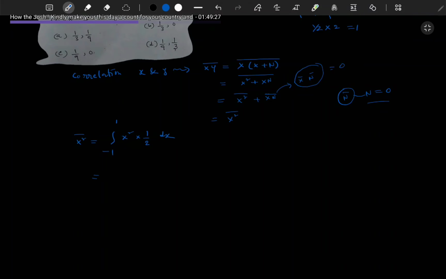So if you calculate it, as it is an even function, we're doing it like this.